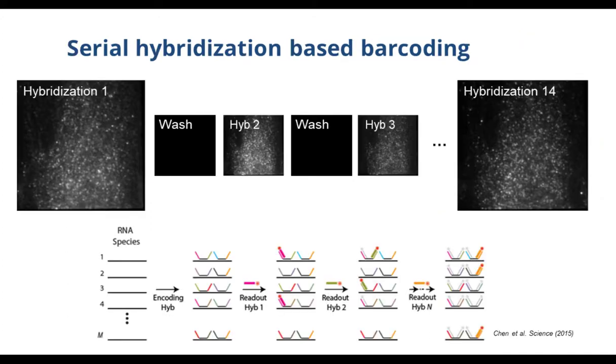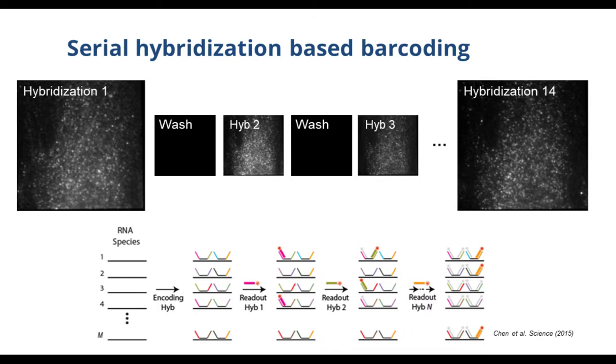So this is an example of how it looks. If you look at this image, under hybridization 1, with very high resolution imaging, you can see the individual RNA show up as diffraction limited spots. And the key idea of how we can resolve many transcripts in the cell is that we are doing this hybridization-based barcoding.